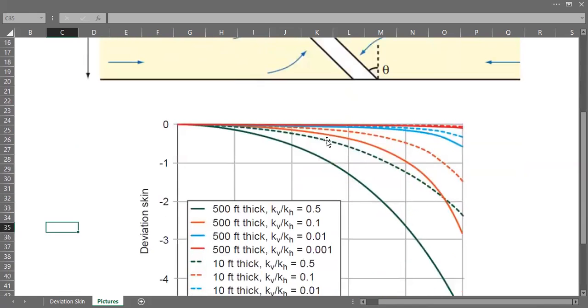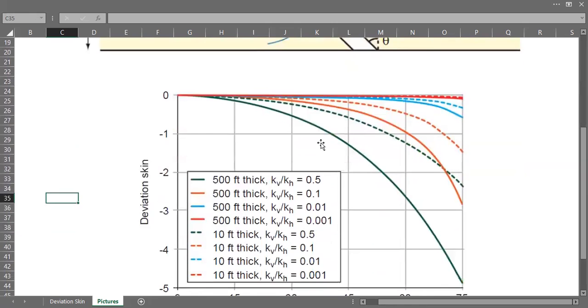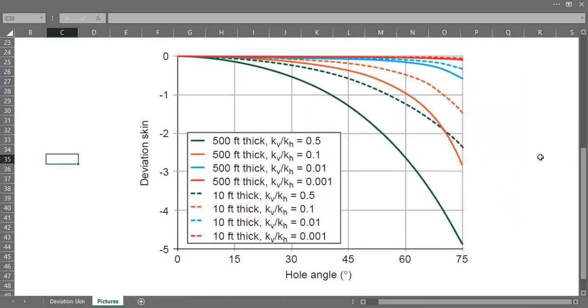And this is the plot created by Cinco. He created a relationship to describe the skin due to deviation, and we have this plot. You can see we only have negative deviation skin, from 0 to -5.